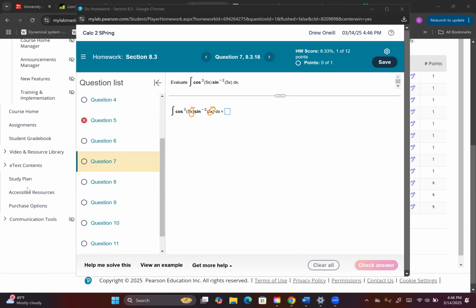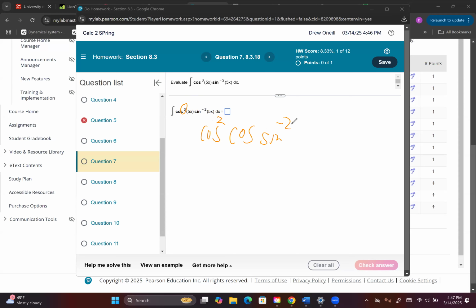So what does this problem lend? You say cos cubed is like cos squared times cos, and then we have this weird sine to the -2.